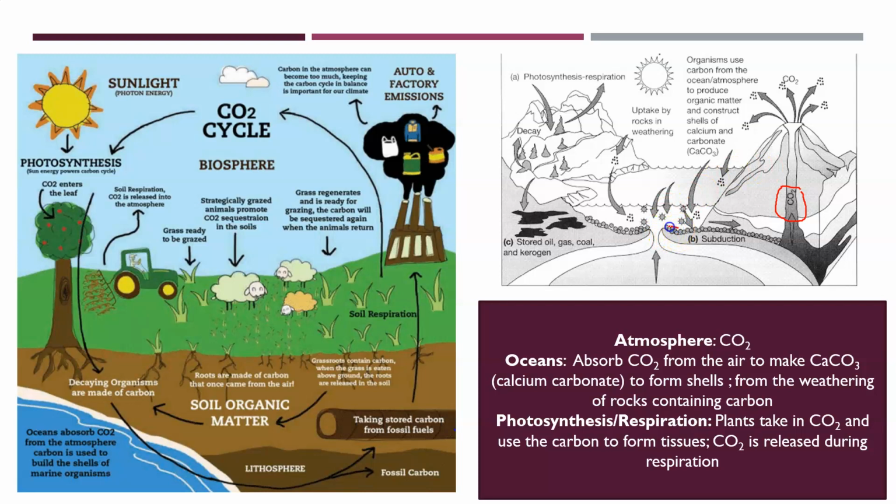So we're down here getting compressed back into limestone. Then we've got subduction, those get pushed back underground, converted into magma, spewed out again in these volcanic eruptions. So the geologic cycle goes through the subduction, back to the volcano, back into the atmosphere, and so on and so forth.